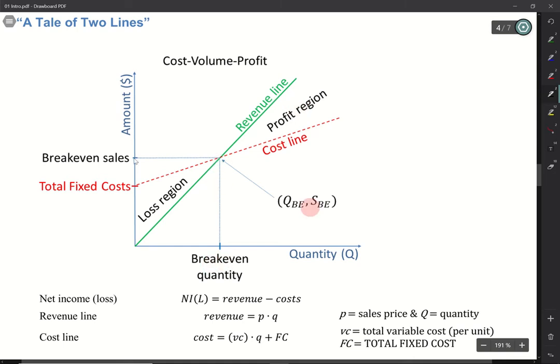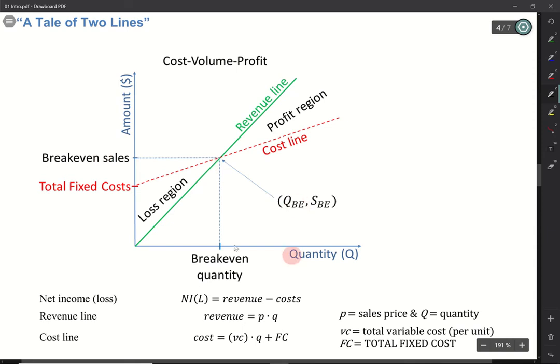And then to find the amount of sales at break-even, how would you find the break-even sales? You just take the break-even quantity and multiply it by the price. So this is actually a point.